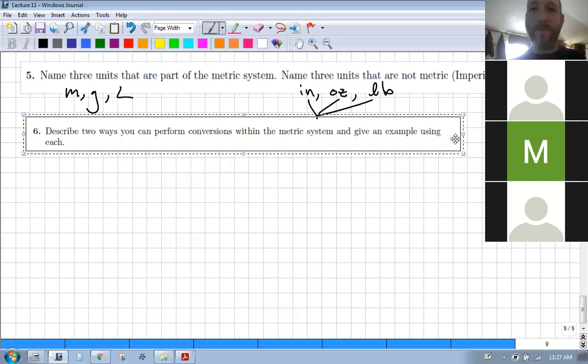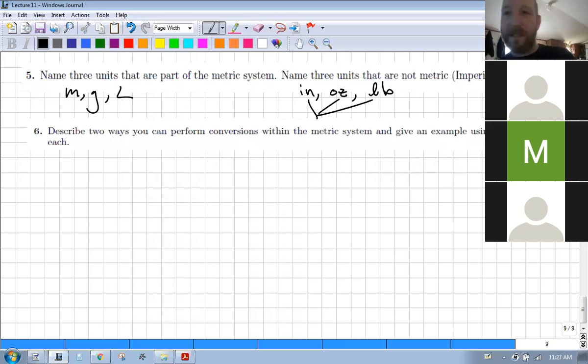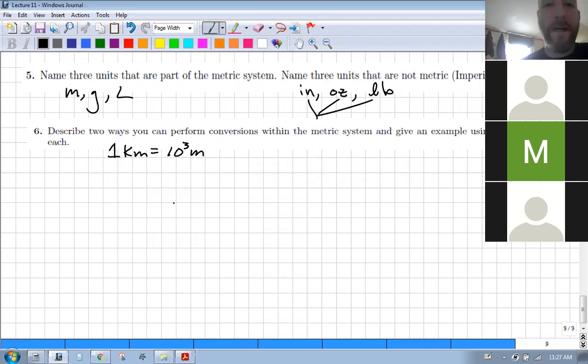Describe 2 ways you can perform conversions within the metric system and give an example using each. One was using that chart. We know that 1 kilometer is 10 to the third meters. So if I have 17 kilometers and I want to convert that to meters, I just replace kilometer with 10 to the third meters.